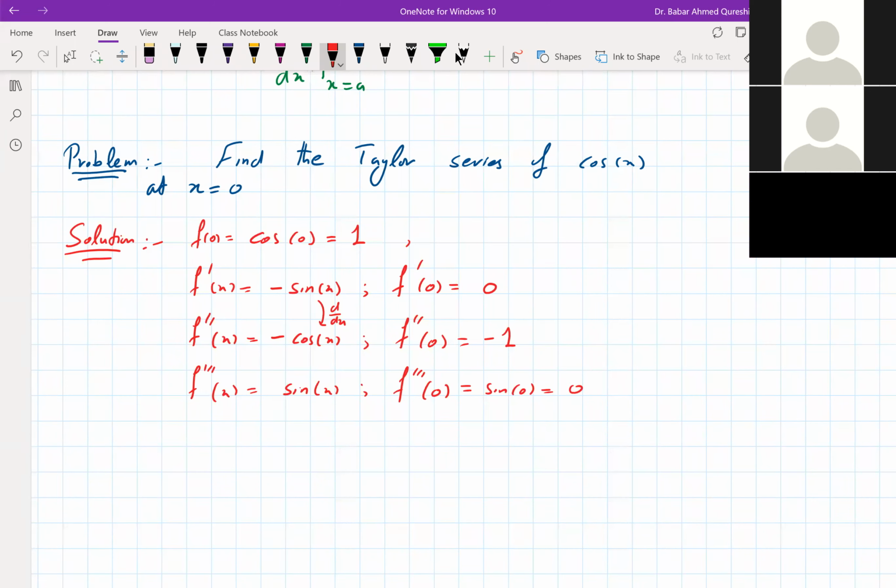So there's a pattern. Cosines turn into sine, sines turn into cosine, and every time I evaluate sine at 0, I get a 0. But when I evaluate cosine, I get a 1 or minus 1 because the signs also alternate. So this is the fourth derivative. Gives me a cosine.